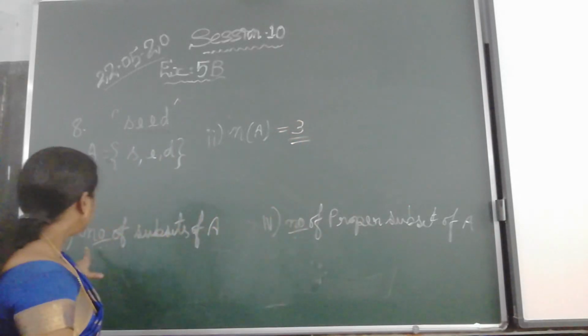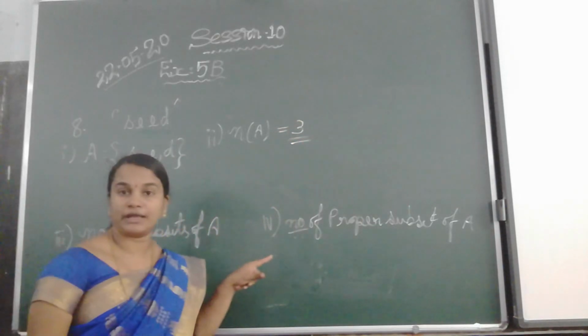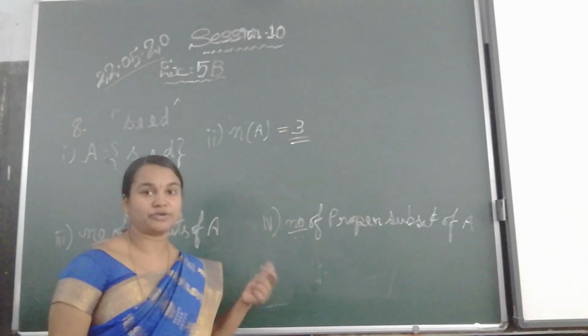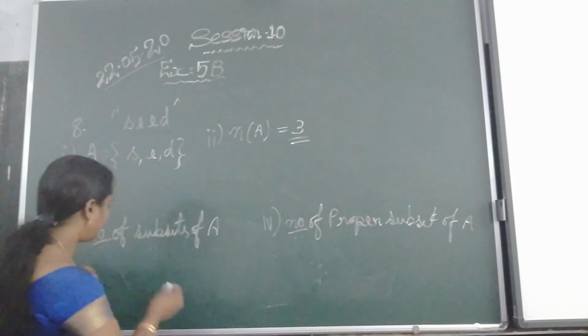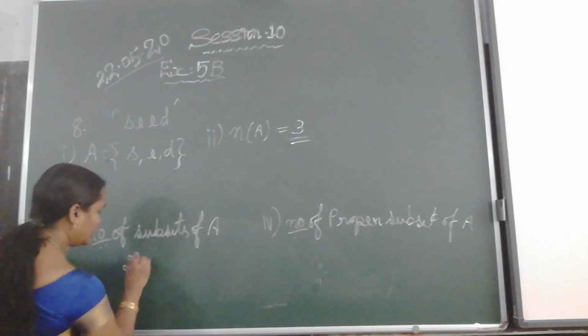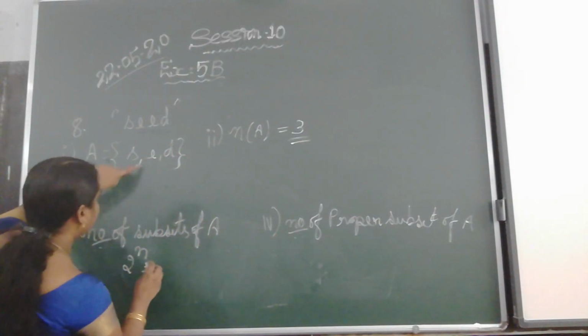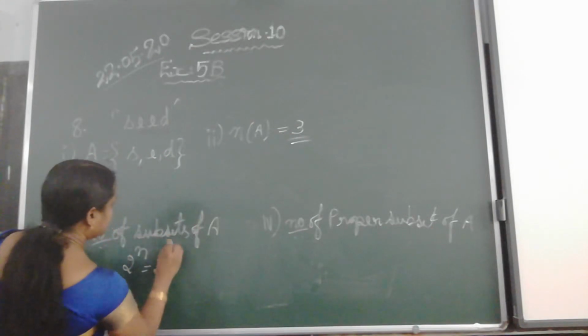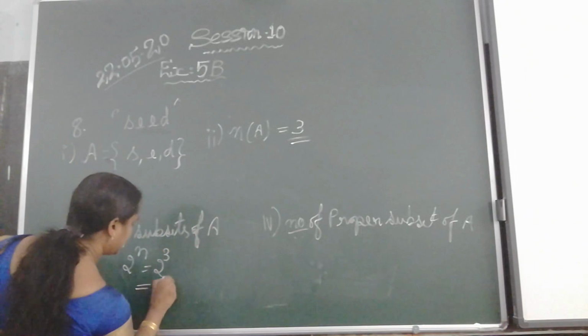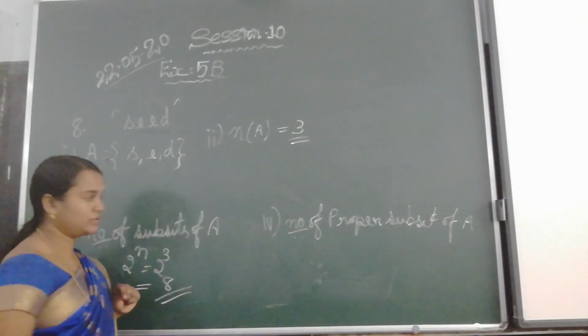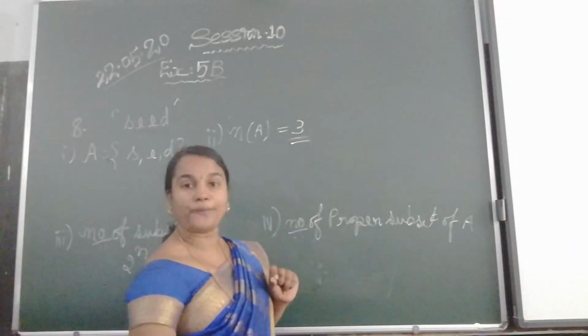Now the number of subsets of A. They have not asked us to write the subsets, only the number. How will we find the number? I told you 2 to the power n. Here n, the number of elements, is 3. 2 multiplied 3 times gives 8. Then the number of proper subsets.